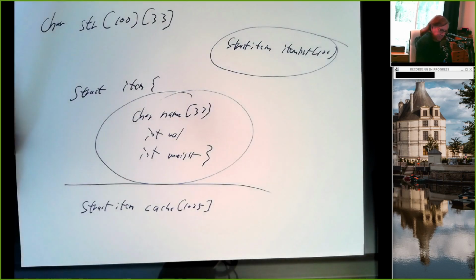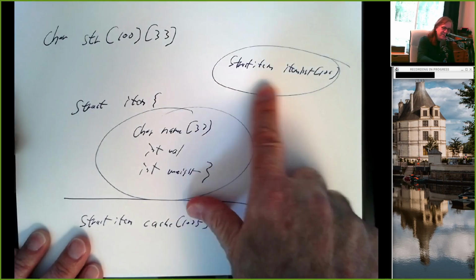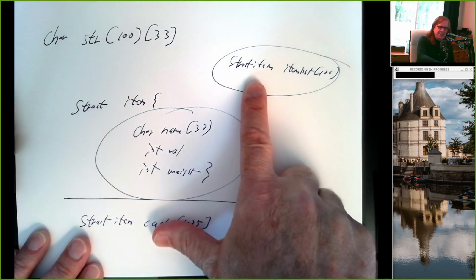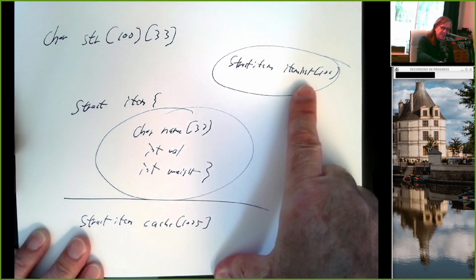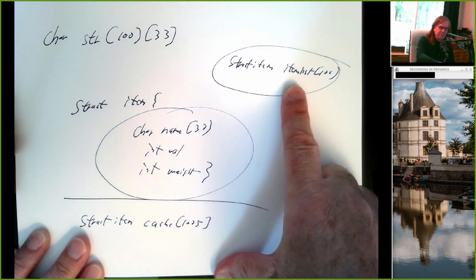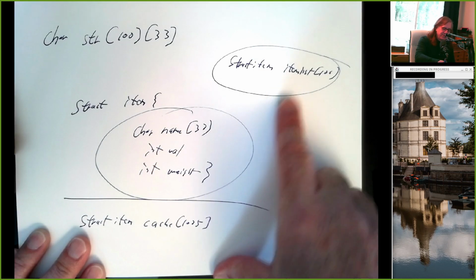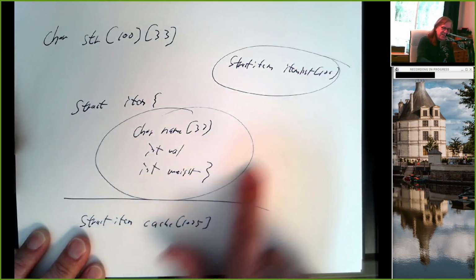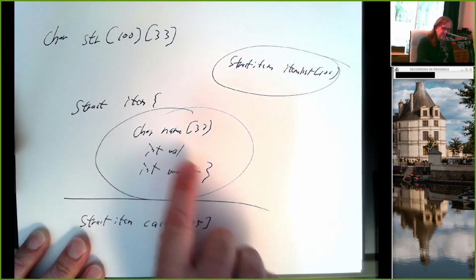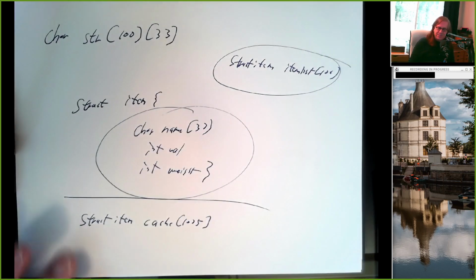So when you say make a structure for each item, do you mean like as we read in the file, each item in that file gets its own structure? So you have one structure, right? And if you make an item list, which is an array of these structures, then each line you read from the file goes into the next element of this array. So read a line which will give you a name, a value, and a weight. Store that in item list bracket 0 dot name, dot value, dot weight.